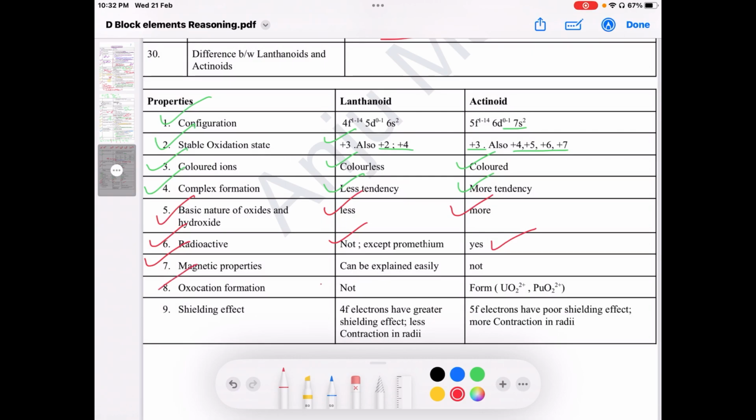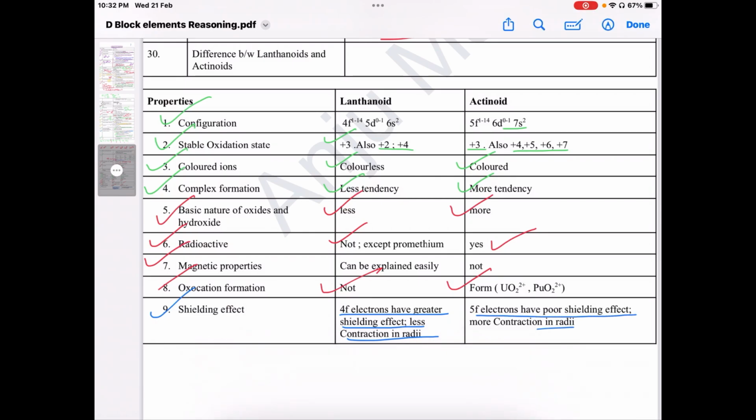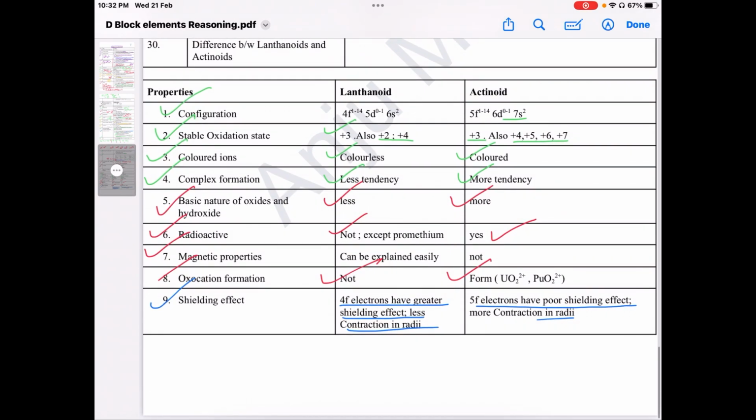Oxocation formation: lanthanides do not form oxocations, whereas actinides form oxocations like UO2 2+, PuO2 2+. Shielding effect: 4f electrons have greater shielding effect, so the contraction in radii is lesser here. In case of 5f electrons, they have the poorest shielding effect, so the contraction in radii is more here.